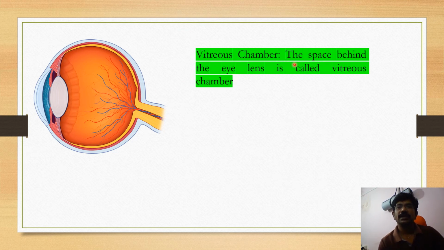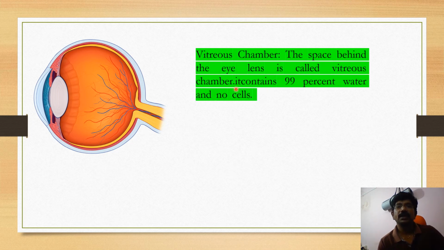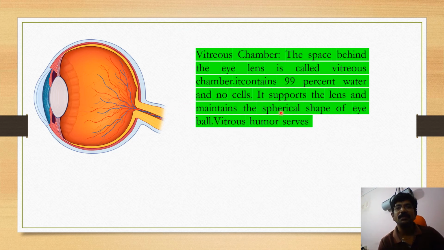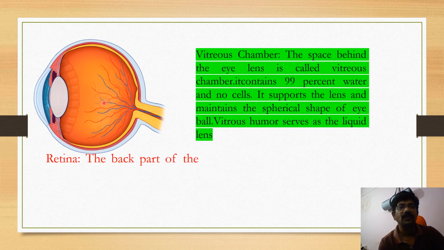It contains 99% water and no cells are present in it. What is the function of the vitreous humor? It supports the lens and maintains the spherical shape of the eyeball. The eyeball is spherical because of this vitreous humor. Vitreous humor also serves as the liquid lens.